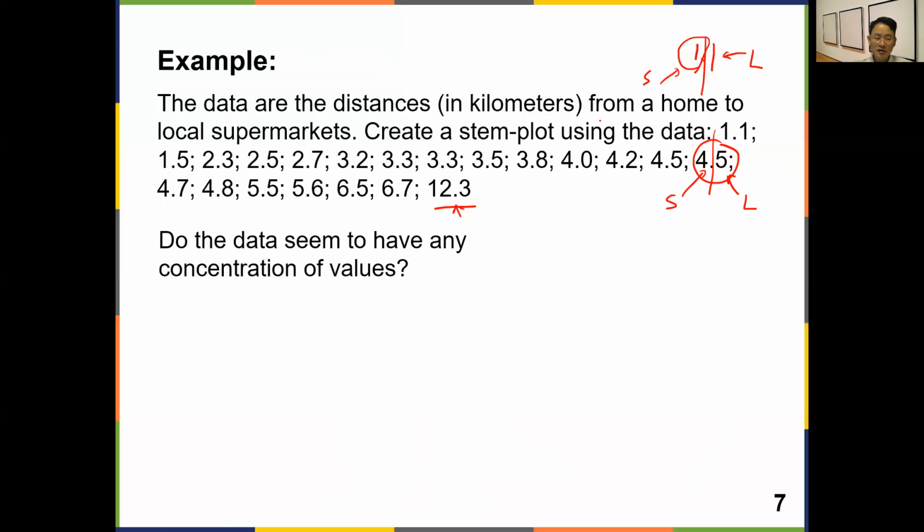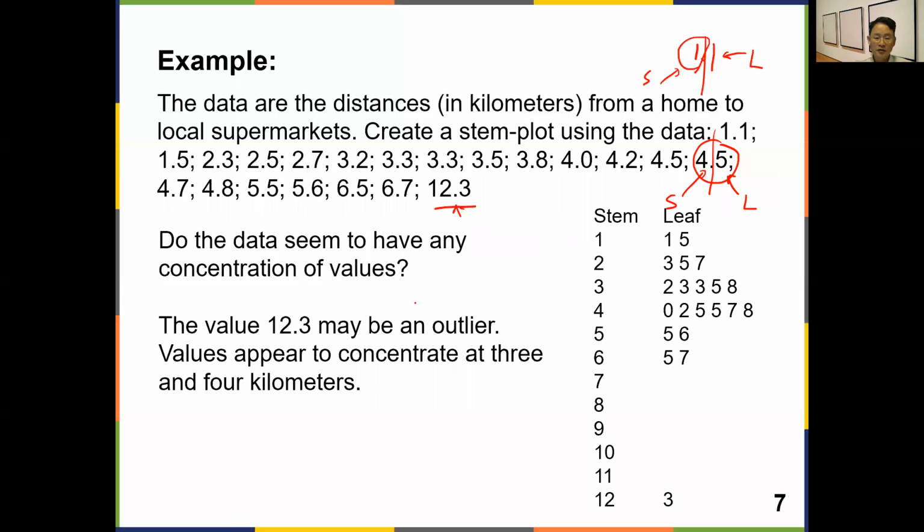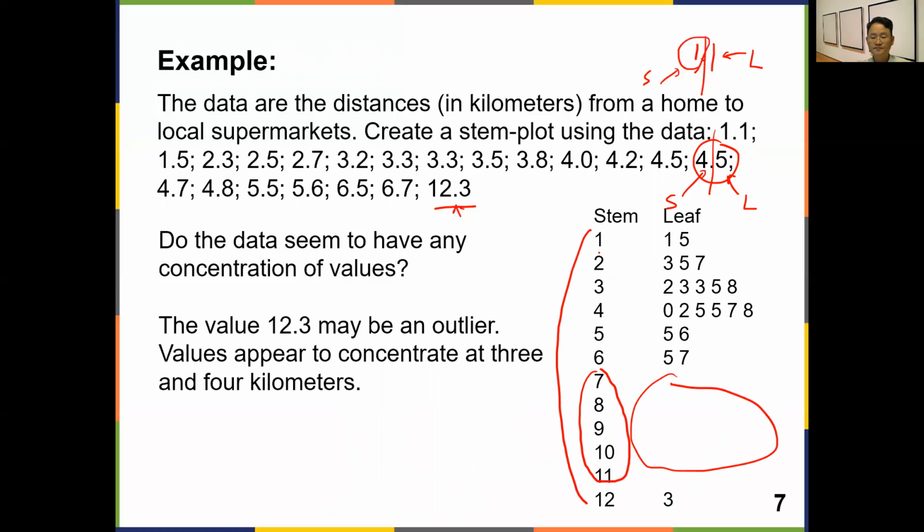Right, the stem part is ranging from 1 through 12, right? So these are the stem numbers, 1 through 12. Notice that they actually wrote all these numbers even though they don't have any leaf part here, right? Now, let's say this 1.1, stem 1, leaf 1.